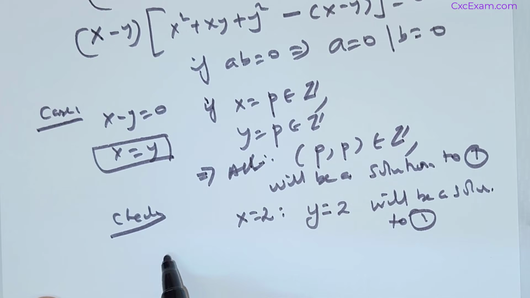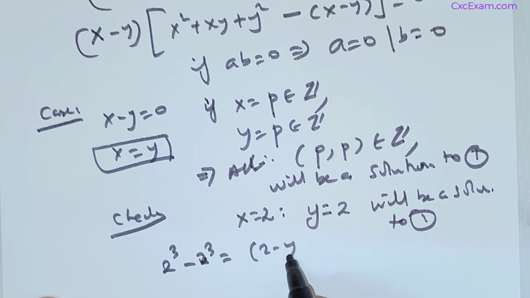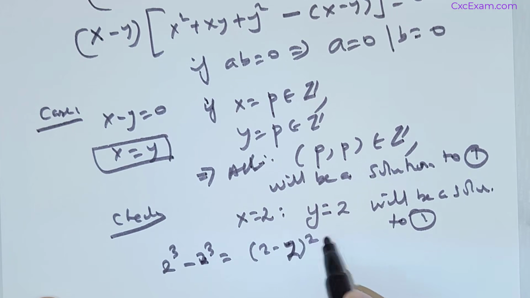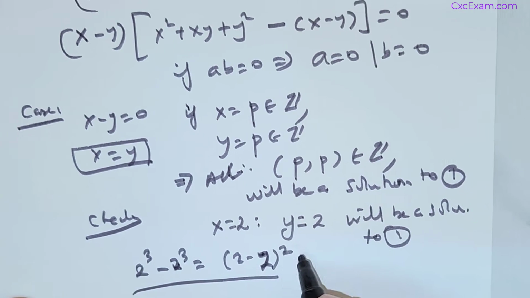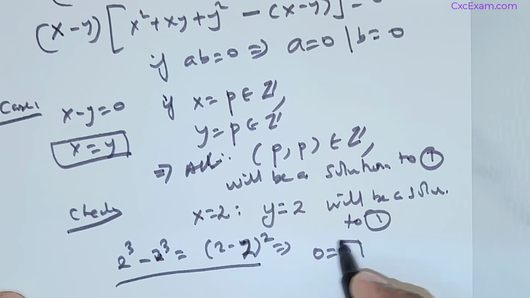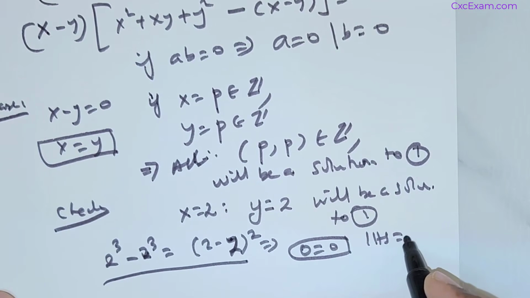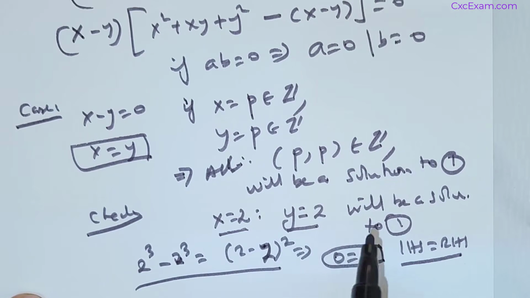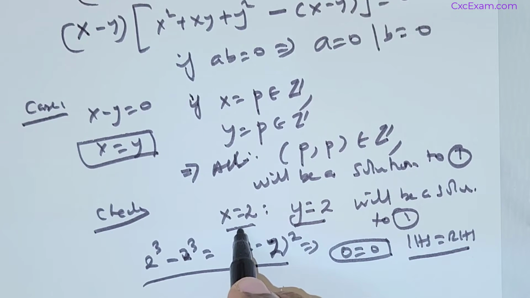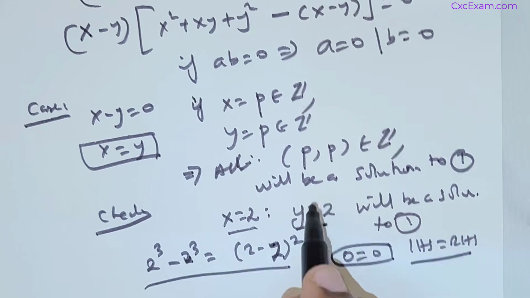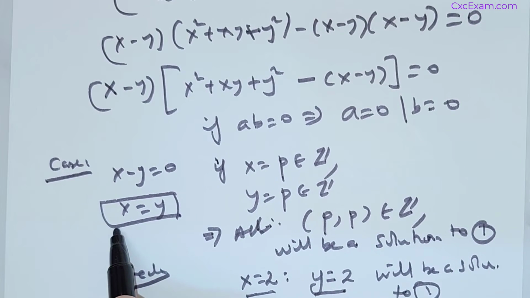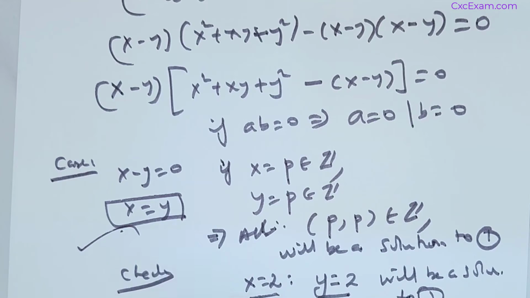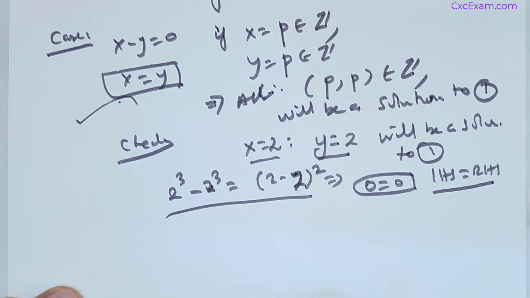So just substitute that value. 2 cubed minus 2 cubed would be equal to (2 minus 2) raised to the power of 2. So this in turn means 0 is equal to 0. So that means left hand side is equal to right hand side. So this is acting as a trivial solution. When I say 2, it doesn't mean 2, I'm talking about x is equal to y. So that is the first part.